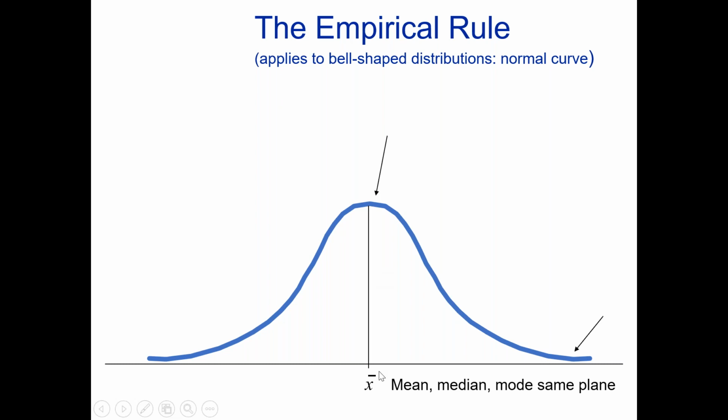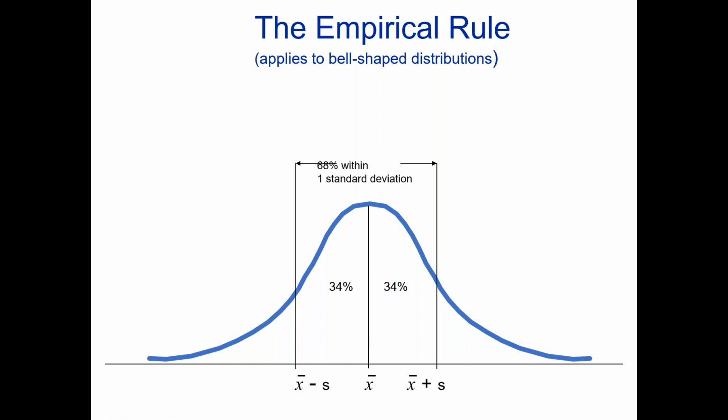So if it is a normal distribution curve, the first thing is the shape is bell shape and the tails do not touch the baseline. Mean, median, the central tendency values, are similar, they lie on the same plane. These are some of the characteristics.